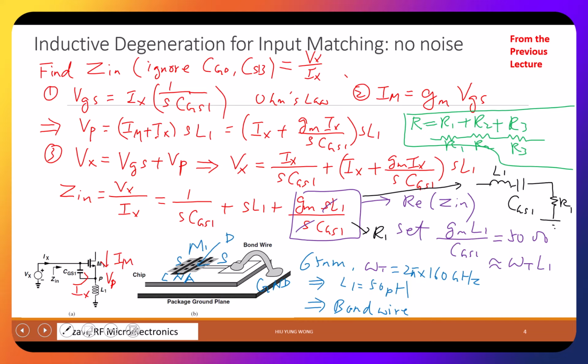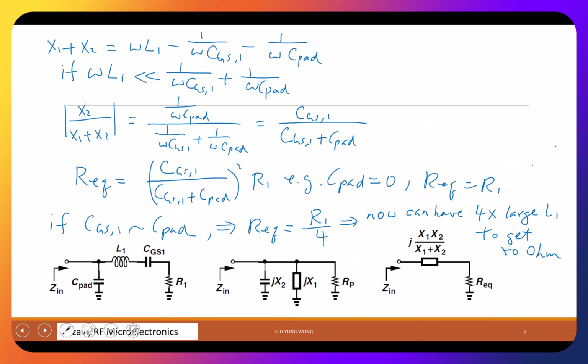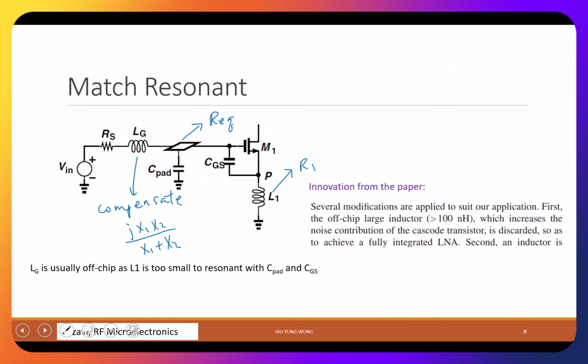But because the effect of the pad further reduces it by 4 times, now I can have L1 be 4 times larger, so that effectively I have 50 ohm. Okay, these are just some skills. And then after you are done with this, we're going to add an inductor to match, to cancel the imaginary part.